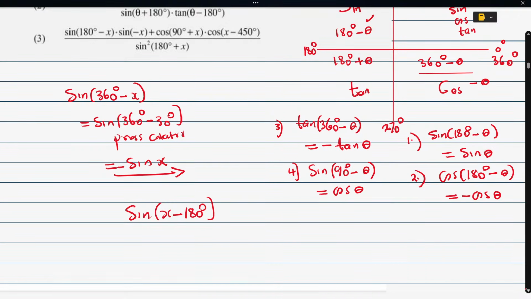If we have this, you can simply take out a common factor of negative: negative sine 180 degrees minus x, for which it will be negative sine x as the answer. You get it?